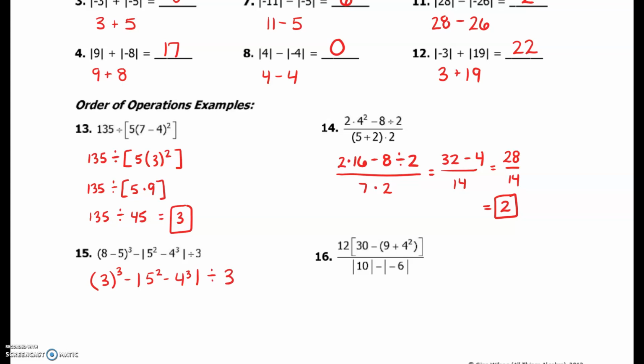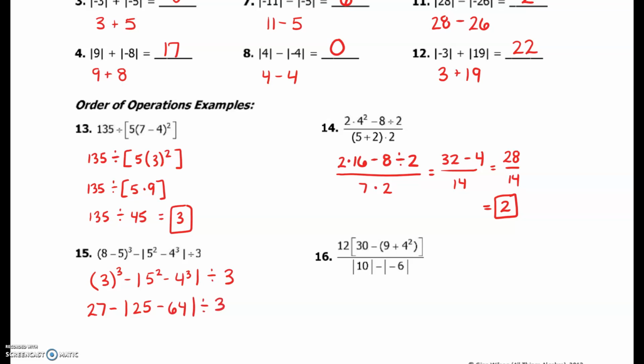Remember, you have that calculator feature on your Chromebooks, and it's probably going to be helpful to many of you. If we take 3 to the third power, we get 27, minus 5 squared is 25, minus 4 to the third, which is 64, divided by 3.